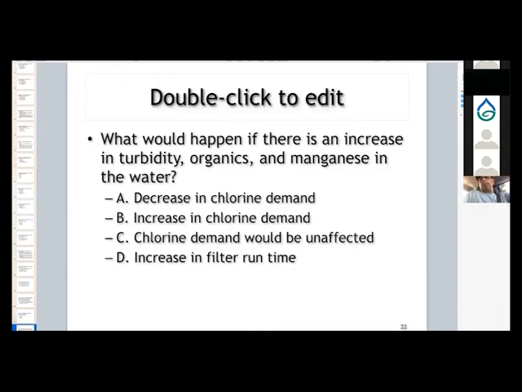When you get that first rainstorm, all that runoff that goes into the rivers and streams carries a lot of turbidity. It's going to have a lot of organics, all of which will increase the chlorine demand in the water. So when you do see that rainstorm, as a water treatment operator, you should increase your coagulant doses and increase your chlorine residual because you will see an increase in chlorine demand.